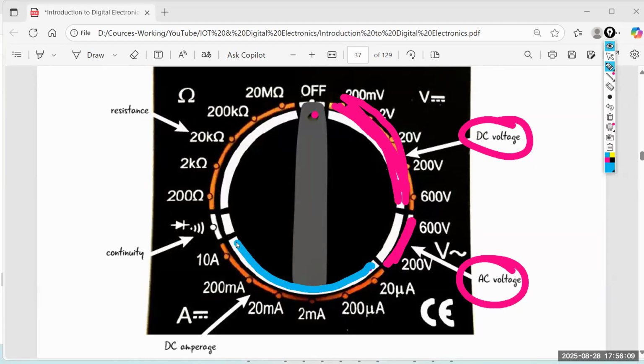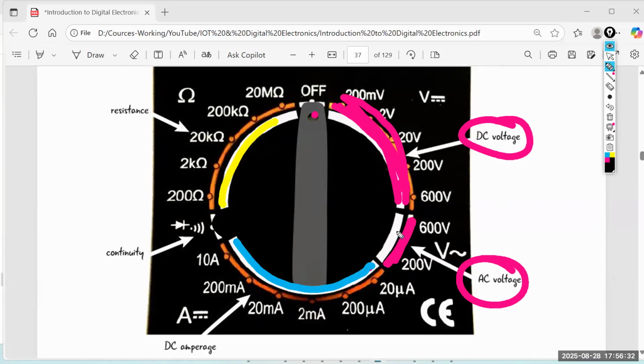Exact place, I will explain how to decide. When you want to measure resistance, you will put it somewhere in this region, because you can rotate this. It's like a dial. When you are doing the continuity test, you put it there.